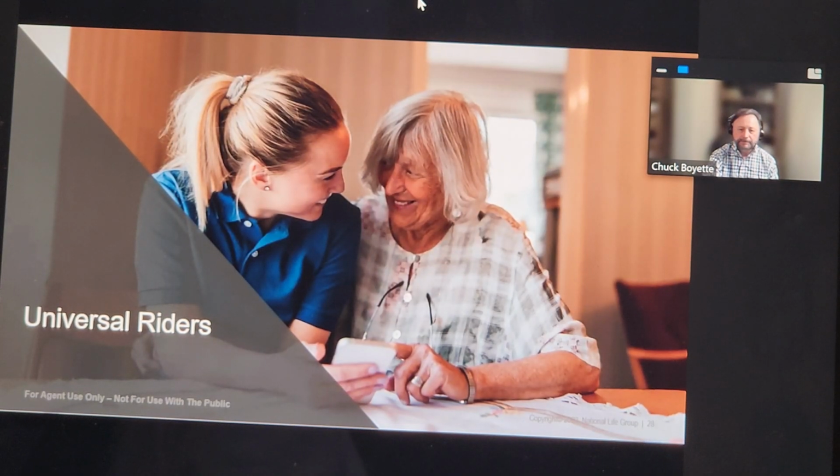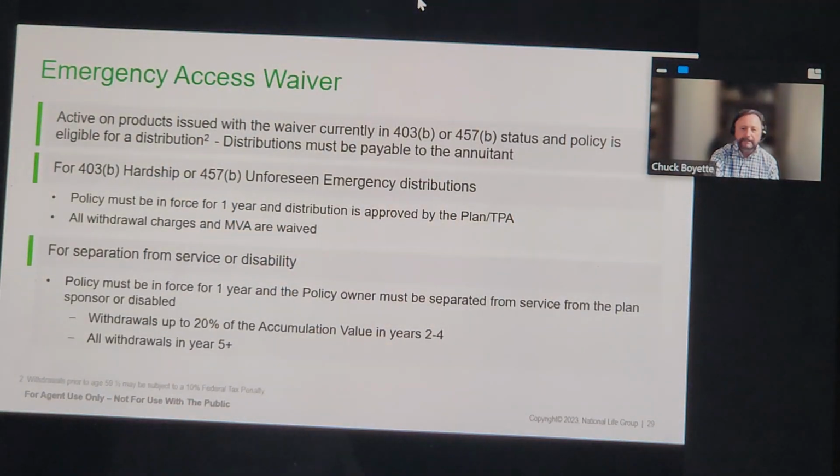All right, so let's go over some riders, because I know we mentioned some and we haven't gone into any detail with those yet. But we have an emergency access waiver on our 403B or 457 policies. So what do those include, or what are the parameters around that?